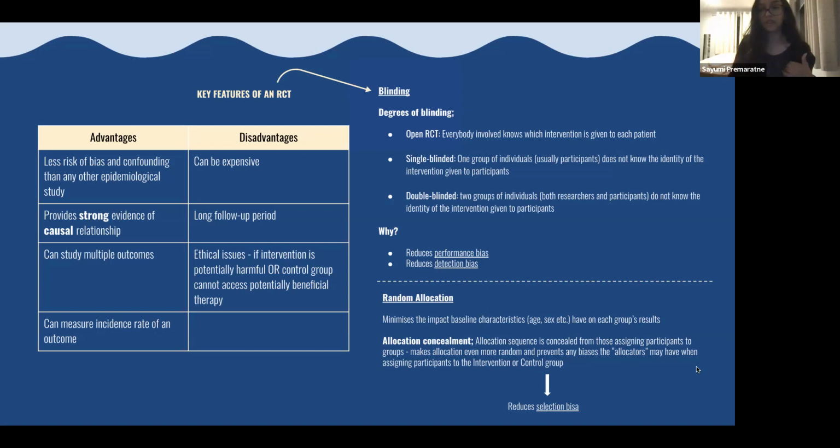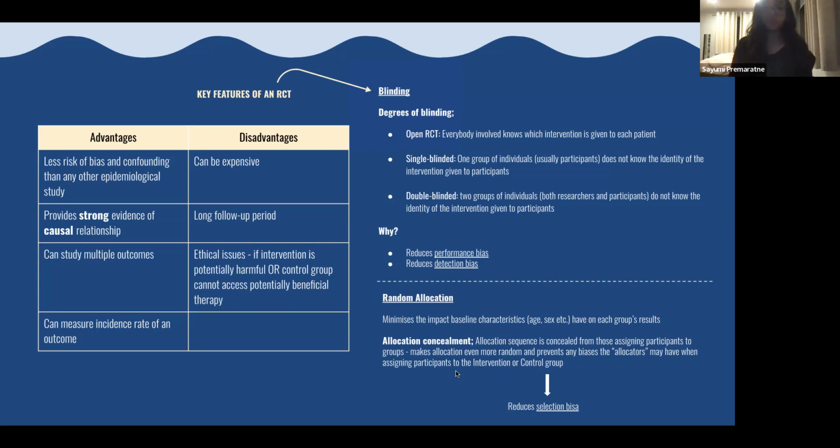One way to eliminate biases even more is randomly allocating through a process of allocation concealment. So that is when that allocation sequence is hidden from the researchers who are actually assigning participants. So if the researchers themselves do not know anything about the participant and they don't know which group they're putting them into, it eliminates any biases that the allocators themselves might have when they're assigning a participant to either group.